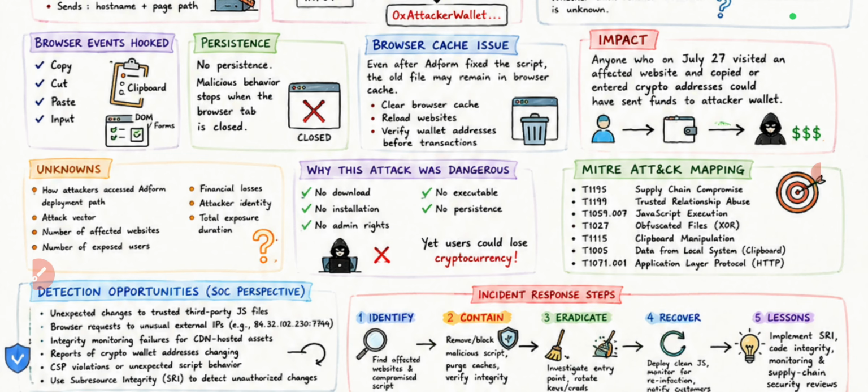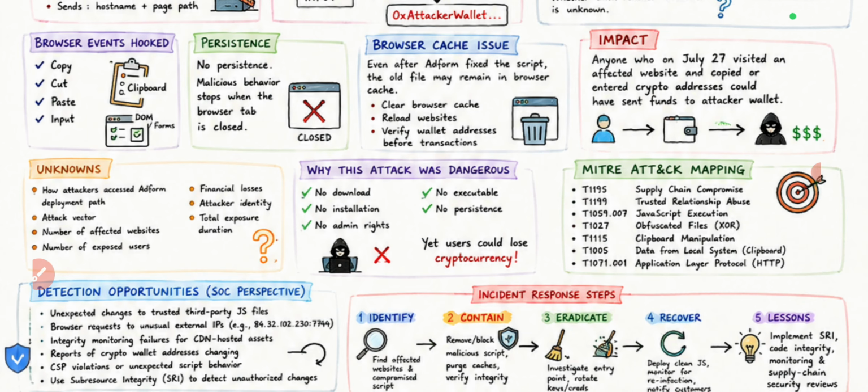Browser cache issue: even after Adform fixed the script, the old files may remain in the browser cache, so you need to clear the browser cache or reload the website, and verify the wallet address in browser transactions. Impact: anyone who visited an affected website on July 27 and copied or entered crypto addresses would have sent funds to the attacker's wallet.